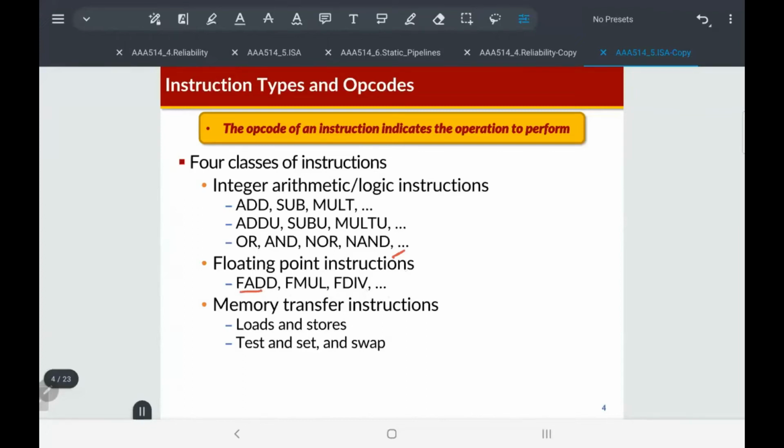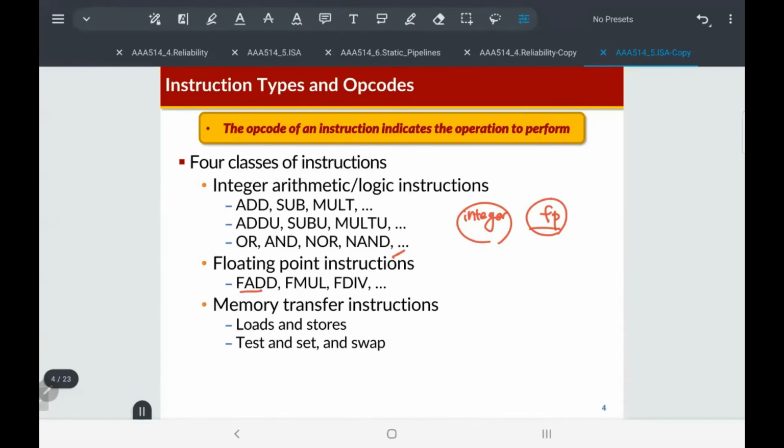There are two different data types, integer type and floating point type. In the undergraduate computer architecture course, we learned about integer type data and floating point type data.